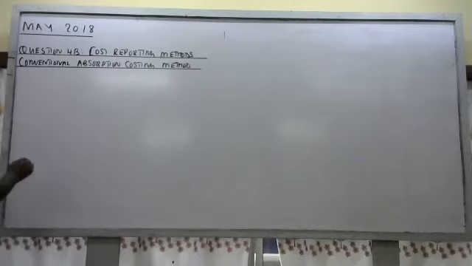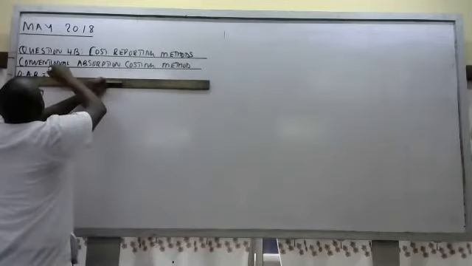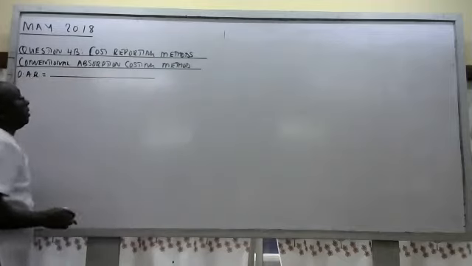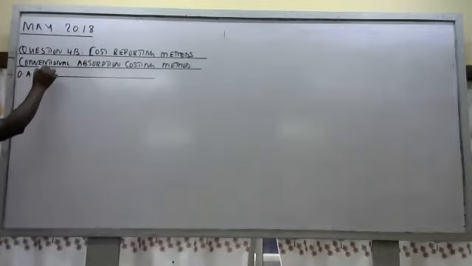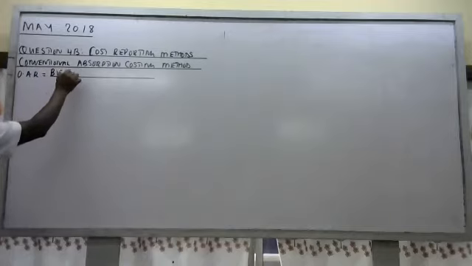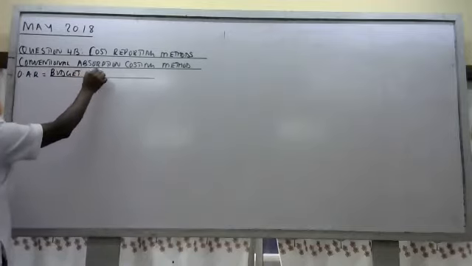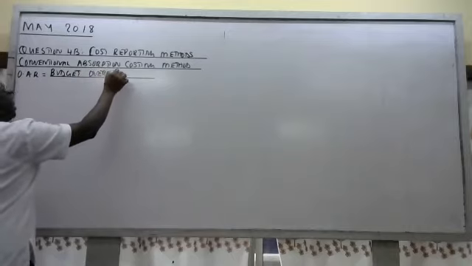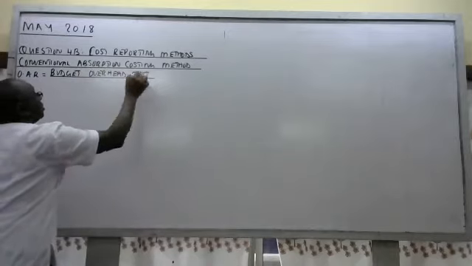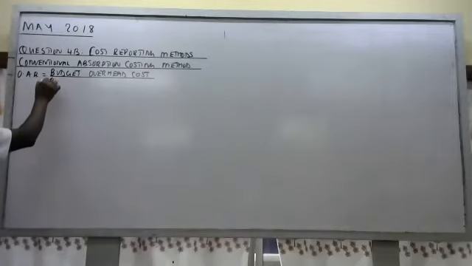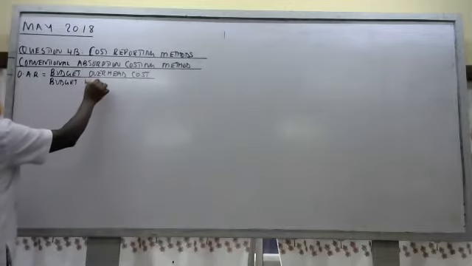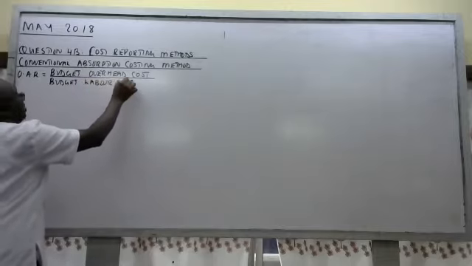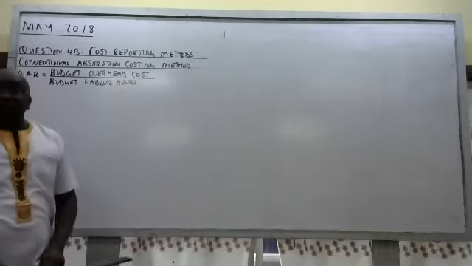In this one, the OAR, the overhead absorption rate, will be budget overhead costs divided by budget labor hours. You divide by budget labor hours.